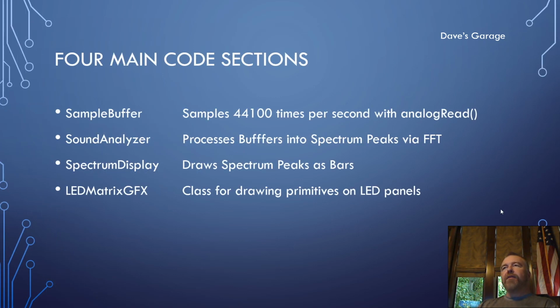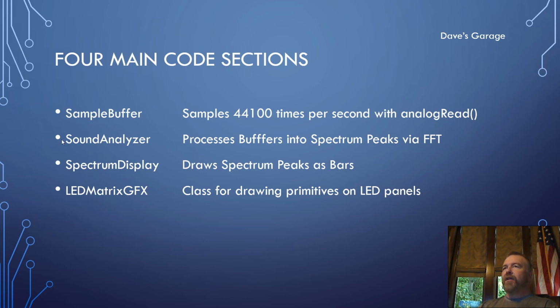So I believe I set out in the shop that there were 4 main sections of code that you had to be concerned with if you want to follow along. And those are, from top to bottom, the sample buffer. These are flat buffers of 512 little samples read from analogRead into memory and passed, whenever 512 of them are accumulated, off to the sound analyzer.